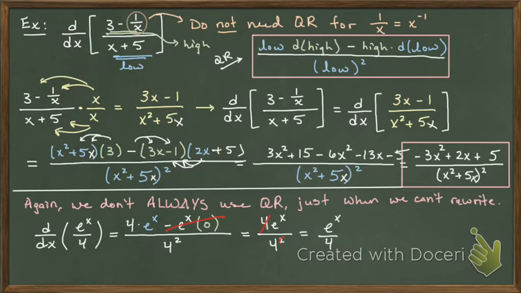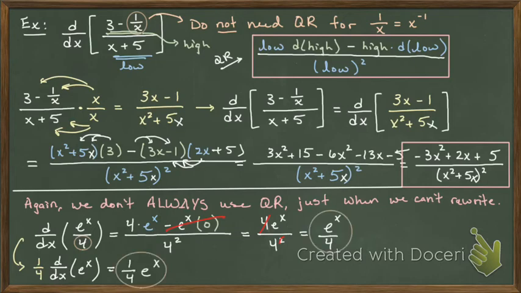So I've taken some time, I've done quotient rule, things simplified, but I can also just rewrite this as 1/4 times the derivative of e to the x, which is 1/4 e to the x. I get the same thing, right? So what I'm trying to say, again, similar to what I was talking about with product rule, don't make things harder than they have to be, okay? It's very easy because we've got this new knowledge here, and now we think everything is more complicated.